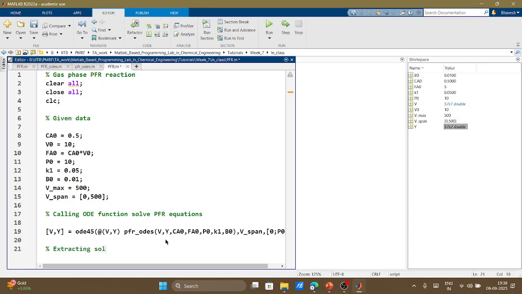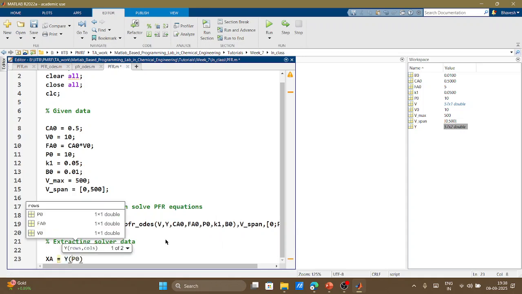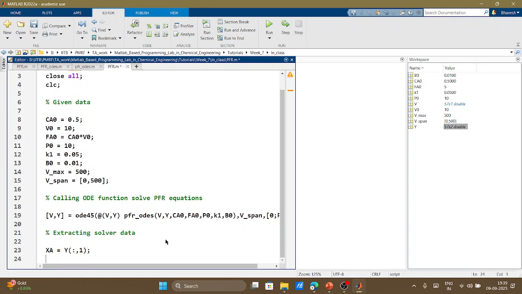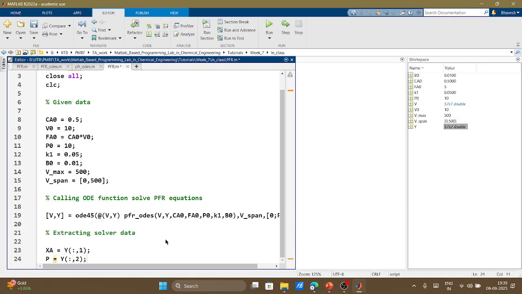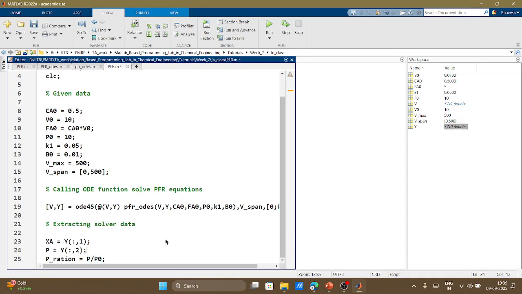Extracting solver data, XA becomes Y, all rows, first column, your P becomes Y, all rows, second column. Then your P ratio is nothing but your P by P naught. This is your P ratio.